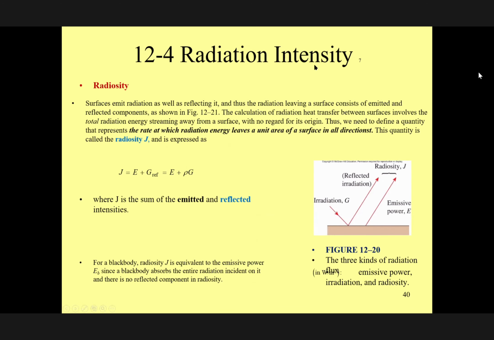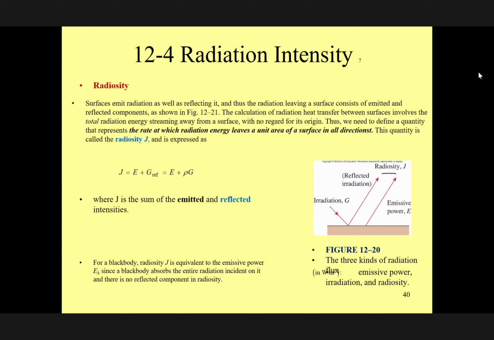Radiation intensity, okay? A surface emits radiation as well as reflecting it. Whatever surface you have, there's energy leaving that surface, one portion because of reflection, the other portion because of emission.